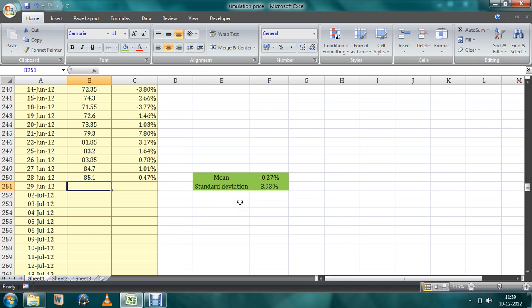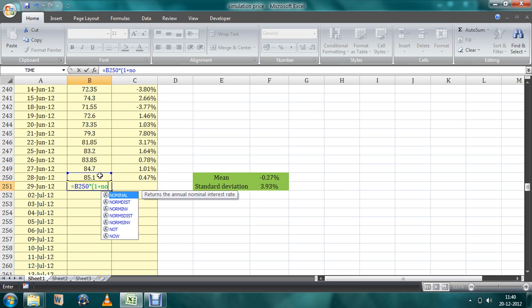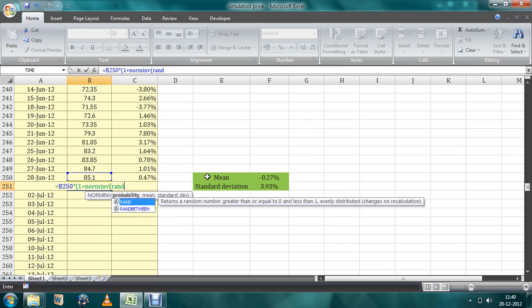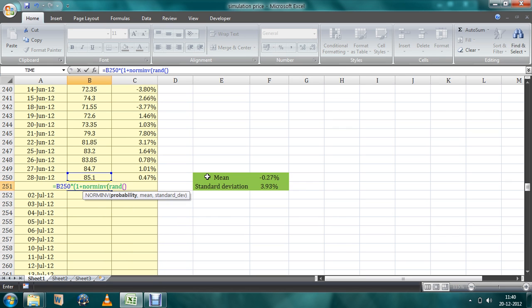So for 29 January, the price equals the closing price multiplied by 1 plus, this is the formula, using the normal inverse function NORMINV. The probability will be random because this is random number generation, so we use RAND, open bracket and close bracket.